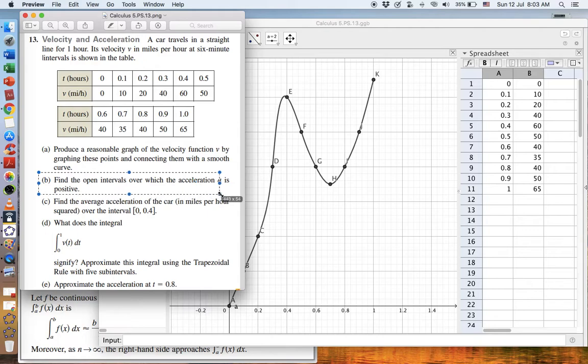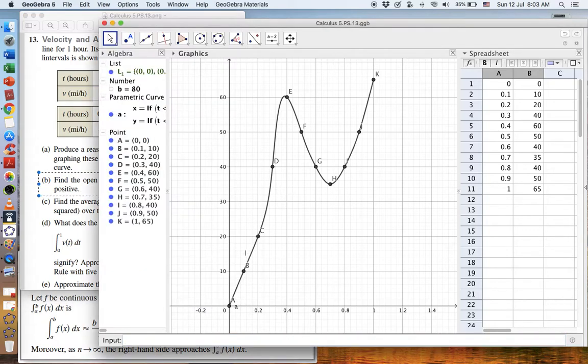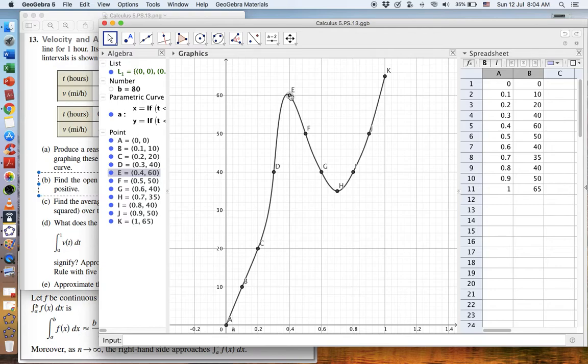Find the open intervals over which acceleration a is positive. Well, acceleration is positive when the velocity is still increasing, so we've got from time 0 until time 0.4 hours, or 4 times 6 minutes, which is just 24 minutes. And then the velocity decreases between that point and point h, which is 7.